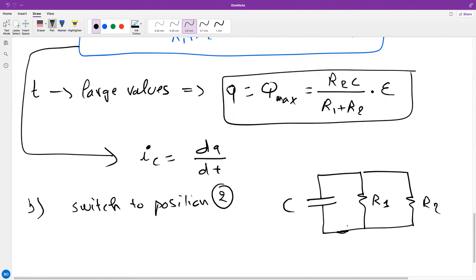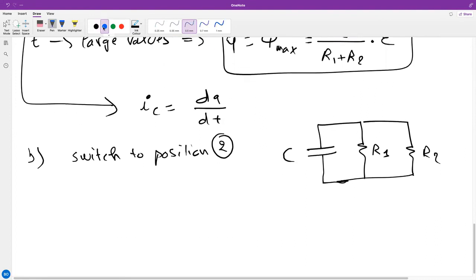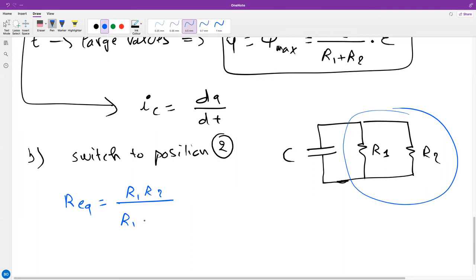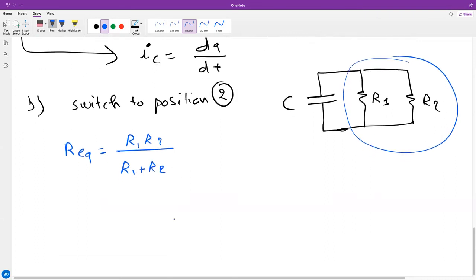So the capacitor will be discharged across an equivalent resistor. The equivalent resistance will be R1R2 over (R1 plus R2), and the capacitor is discharging.